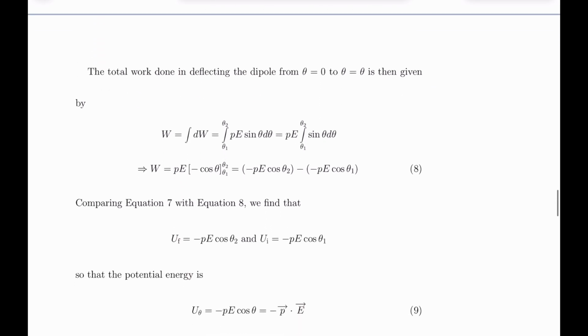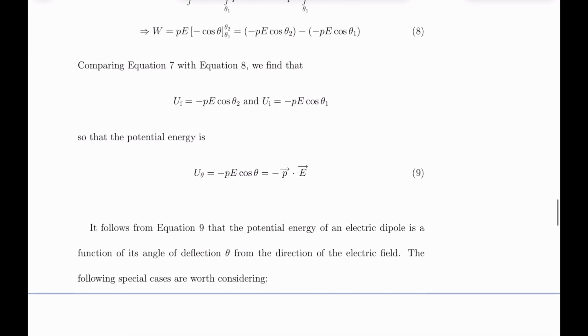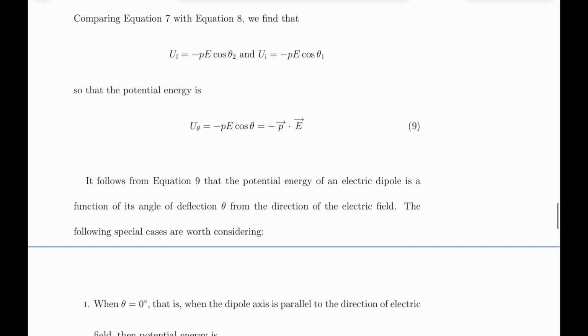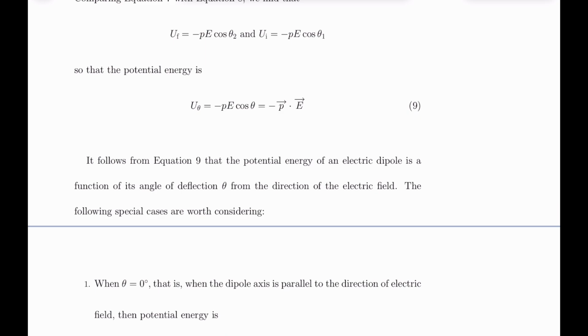Okay, so the potential energy when the dipole is inclined at an angle theta with the electric field is simply minus PE cos theta, and this can be written as minus P dot E. It follows from equation 9 that the potential energy of an electric dipole is a function of the angle of deflection theta from the direction of the electric field.